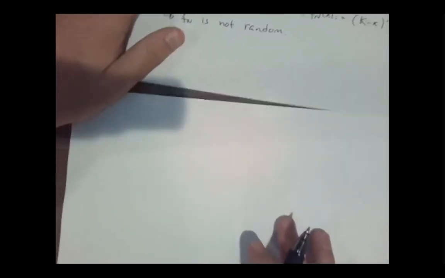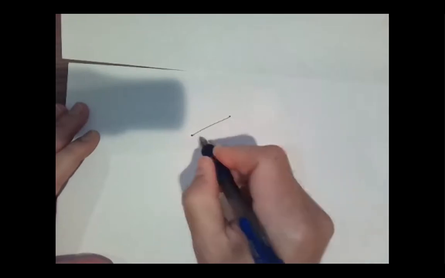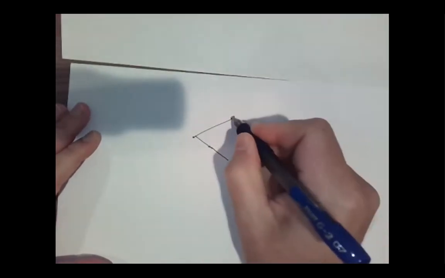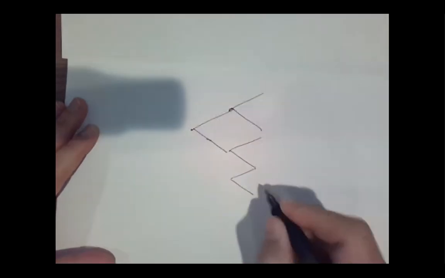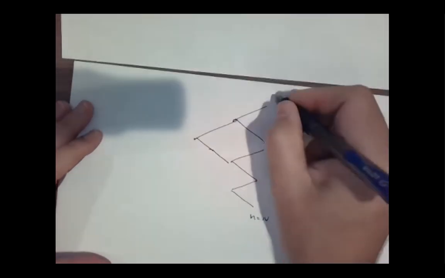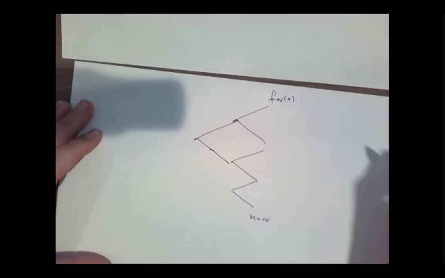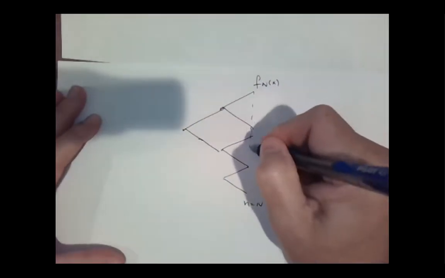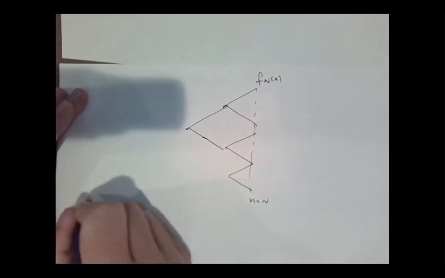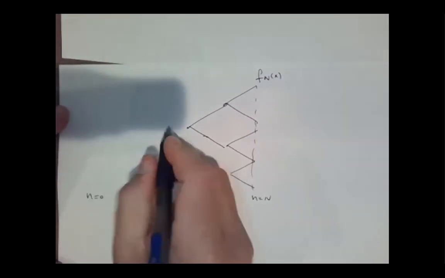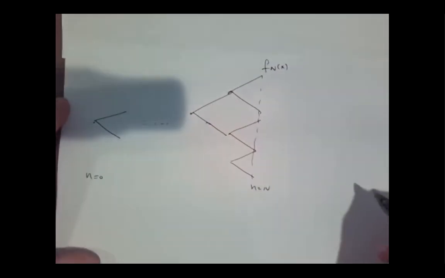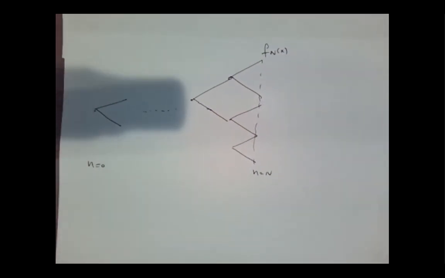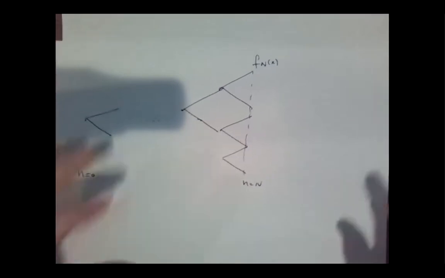So then the name of the game is you have your binomial model, which has these legs that have been moved out. You're sitting out here at time n. This is where your Fn of x is to be thought of. And your goal is to figure out what is the price over here at time 0. The method that we're doing is dynamic programming.